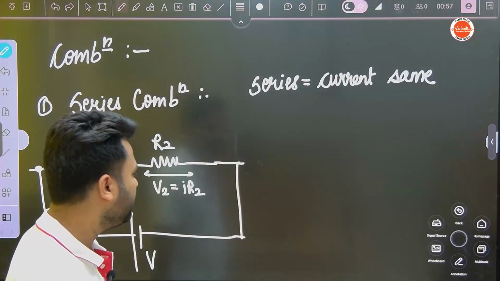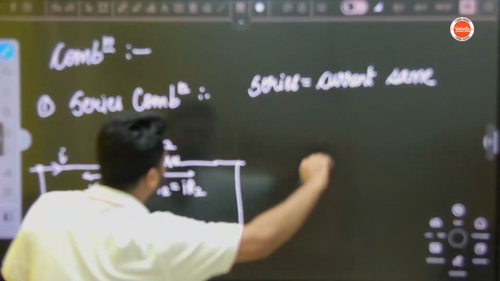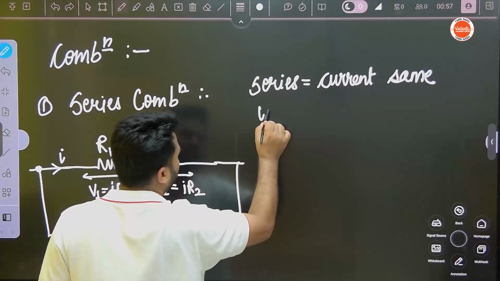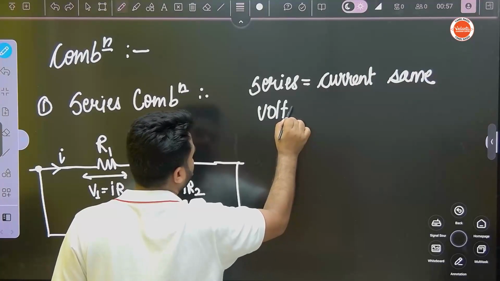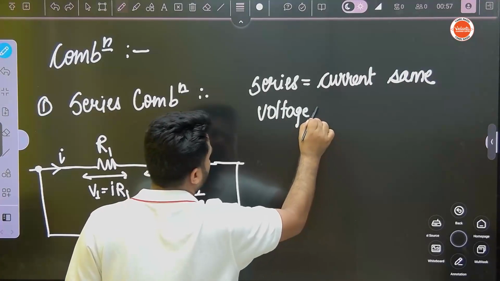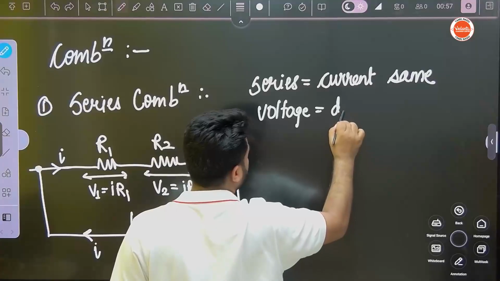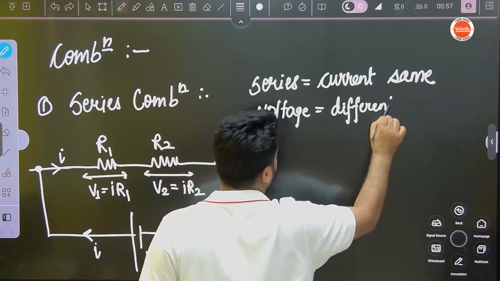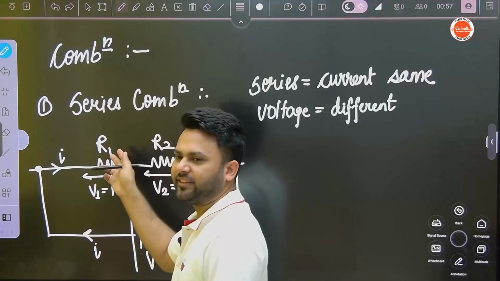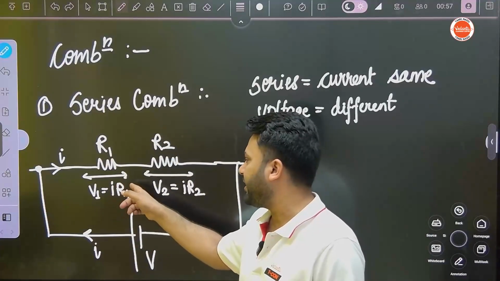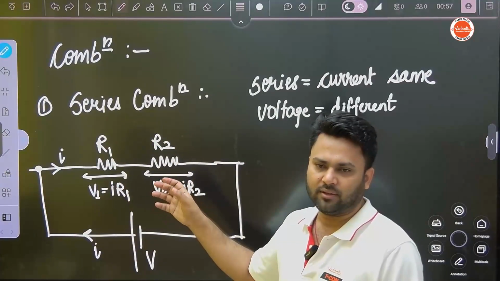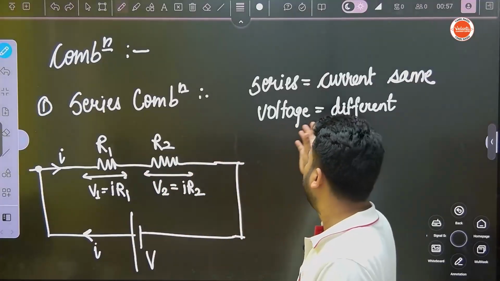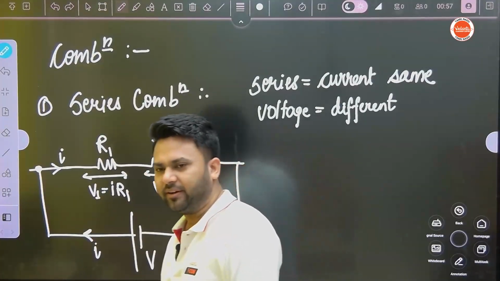Correct? So series current is same, but voltage is different. In some case it might be same if we have the same resistor. So here also IR, here also IR. That is special case. Else voltage will be different.